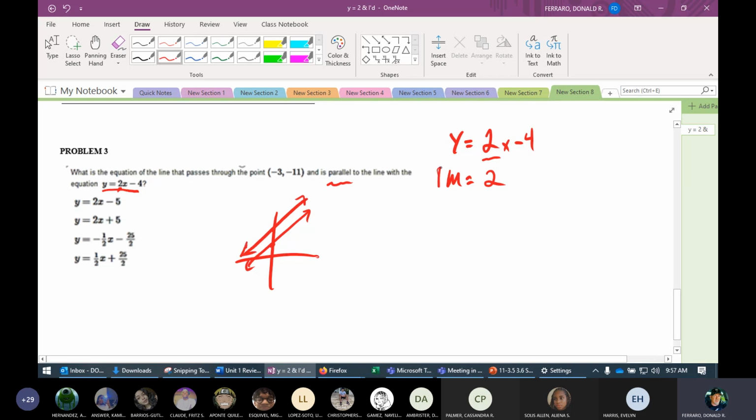So I need an equation where the slope is equal to 2. These are the options for my answers. y equals 2x minus 5, y equals 2x plus 5, y equals negative 1/2 x minus 2.5, or y equals 1/2 x plus 2.5.